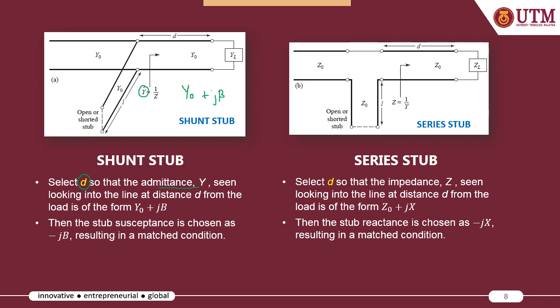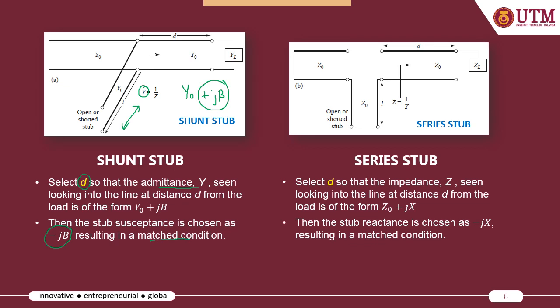Then the stub susceptance is chosen to be negative jB so that we can cancel this one, resulting in a match condition.